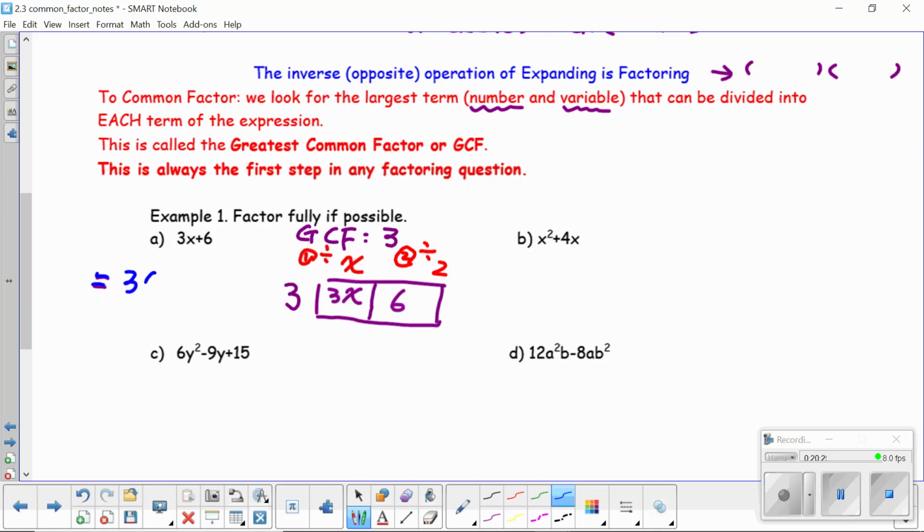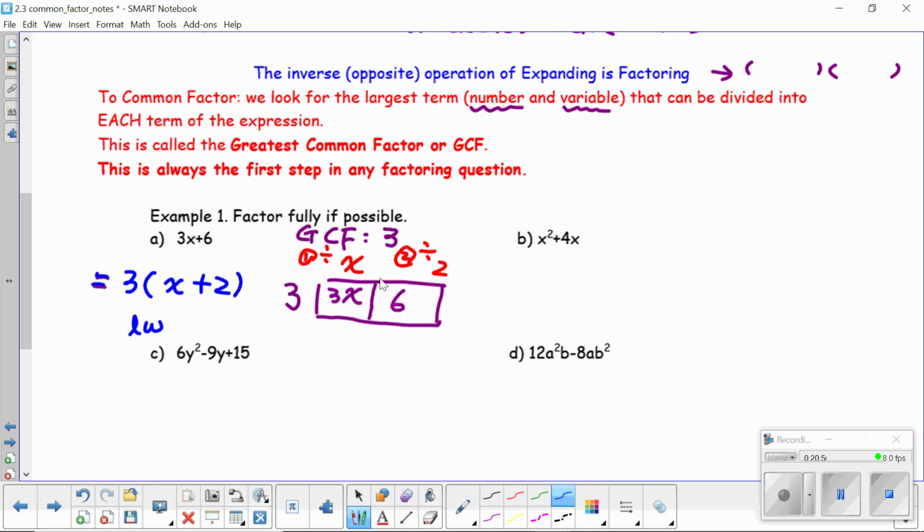So 3 times (x plus 2). And this is what we call factored. So 3 is a factor of 3x plus 6, and x plus 2 is a factor of 3x plus 6. This is length times width, and 3x plus 6 is the area.